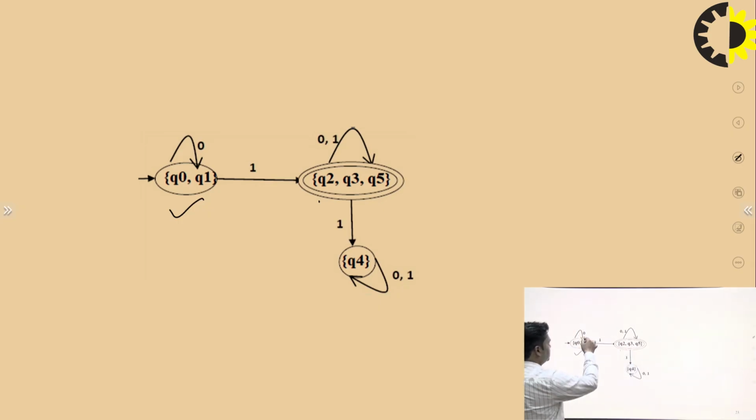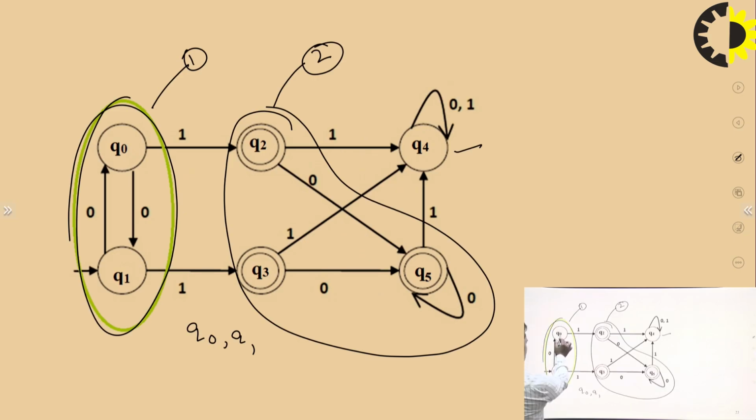And we see the input from Q0 Q1, 0, and from Q1 to Q2, 1. We combine these states, then from this state to this state the input is 1, and in the combined state the loop will be considered as 0.